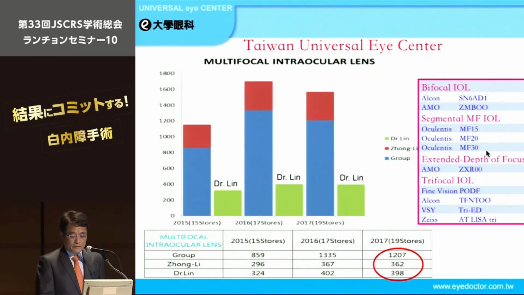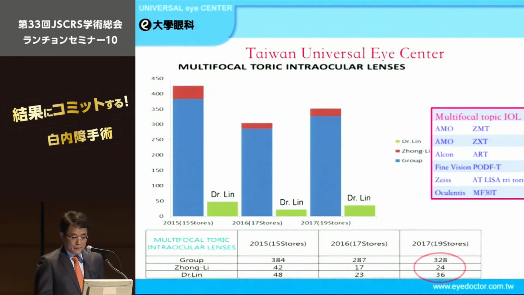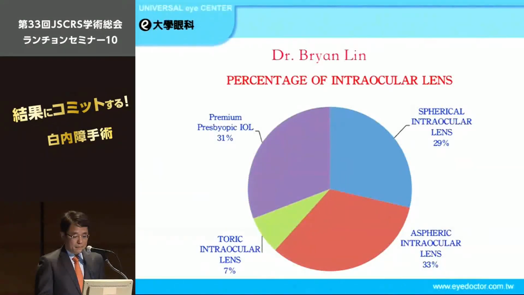And EDOF, we use AMO Symfony. Trifocal IOL, we use FineVision, Alcon, Panoptix, VSY, and Zeiss. Multifocal toric IOL, we use AMO ZMT, ZXT, Alcon, FineVision, Zeiss, and Oculentis.